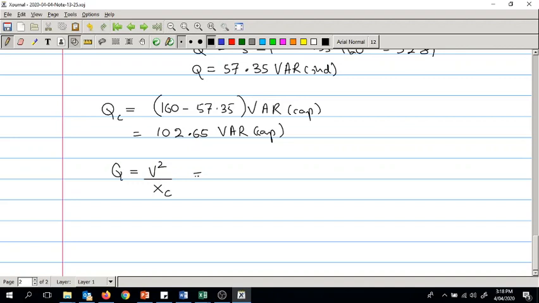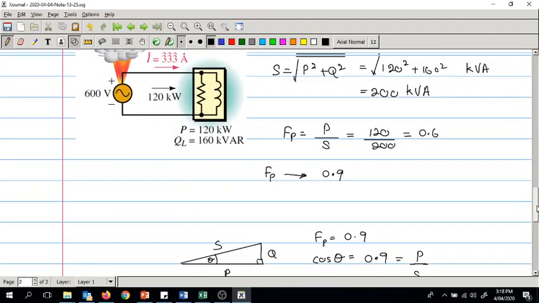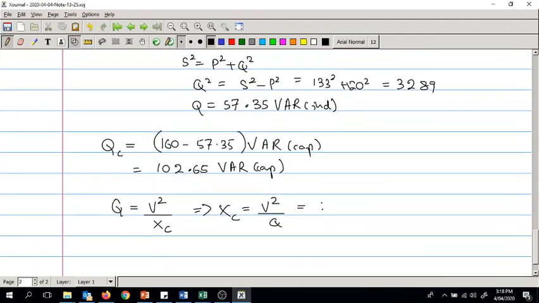So what is XC? XC is equal to V squared over Q. V squared: V was 600 volts, right? So 600 squared divided by the capacitive reactive power, let's say 103.